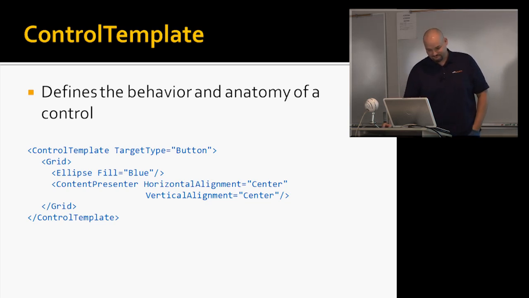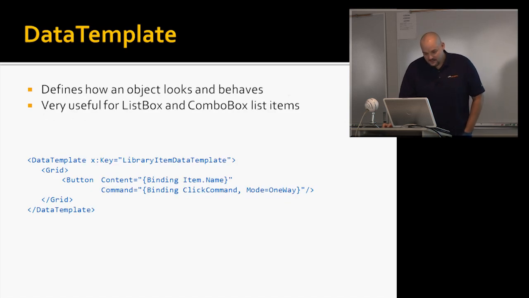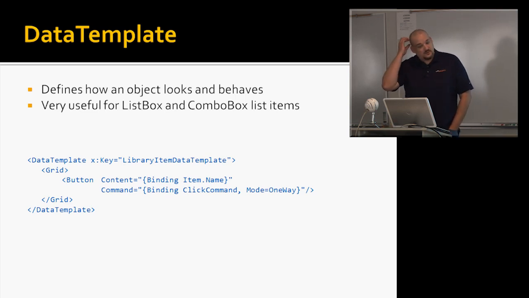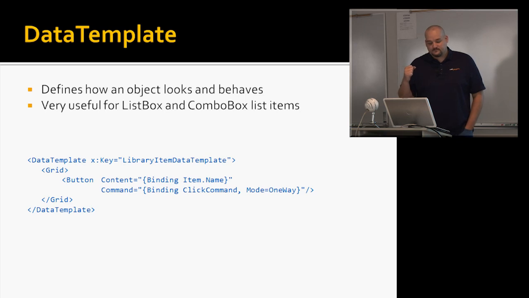I'll show you how to do that. Data templates. These also let you define how data is going to look, how an object looks. Very useful for list boxes and combo boxes.